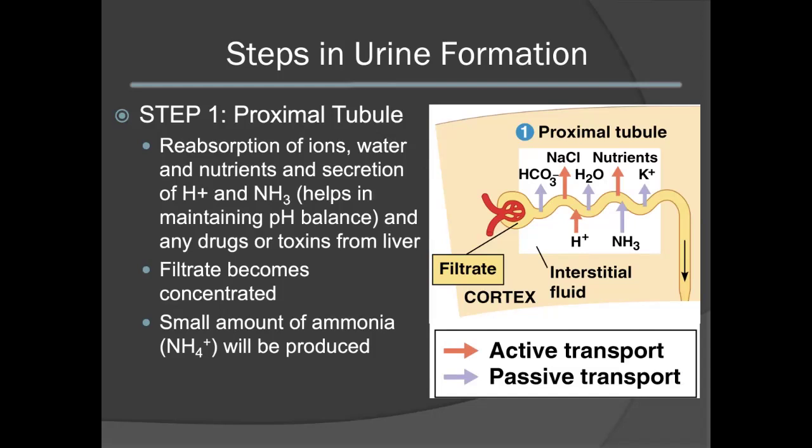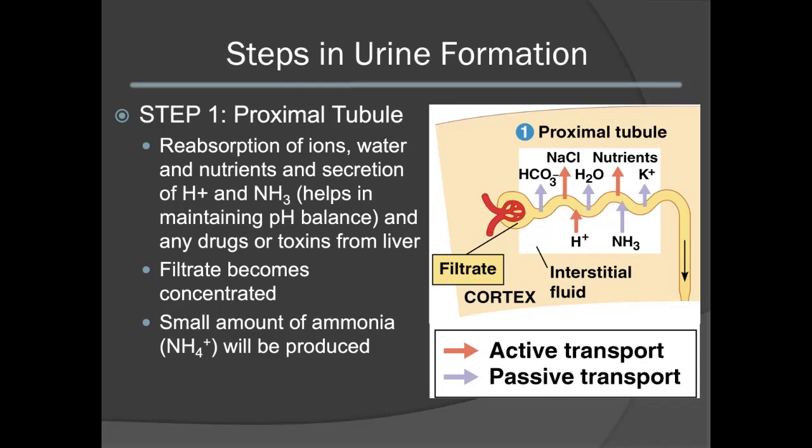In the proximal tubule, the filtrate will become concentrated. In addition, small amounts of ammonia, NH4, will be produced. Take a look at the diagram to the right to understand the movement of salts and water through active and passive transport. Passive transport involves the reabsorption of carbonate, water, as well as potassium.